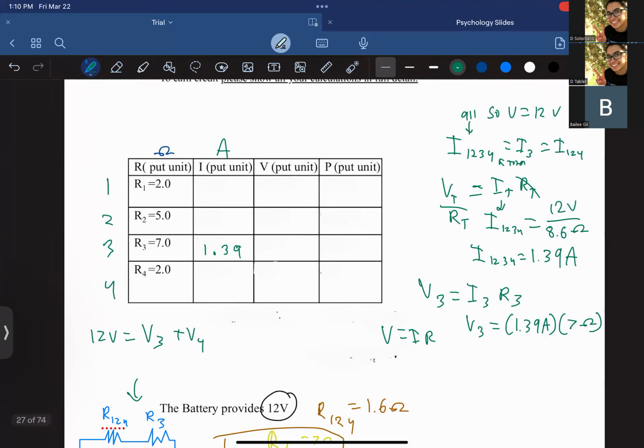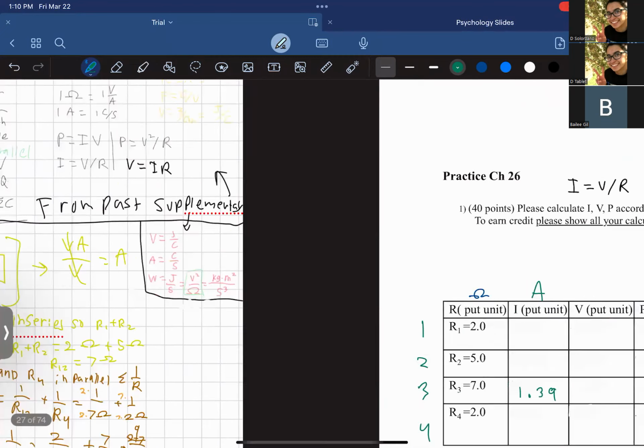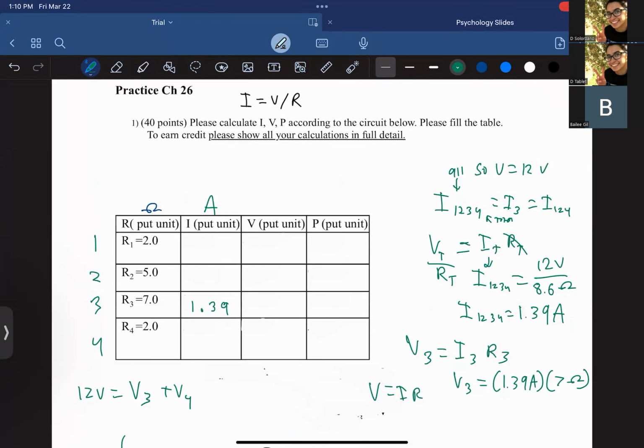We saw earlier that ohm is V over A. So it looks like our units are going to check out, right?